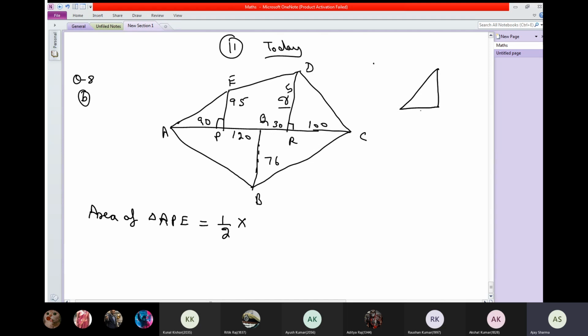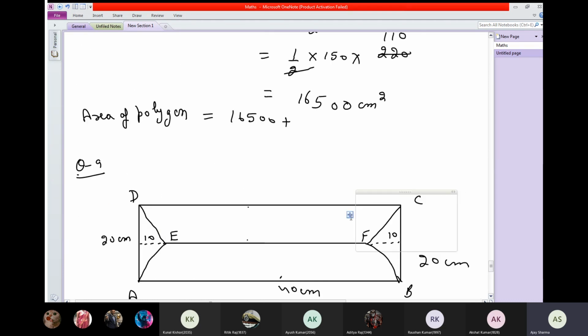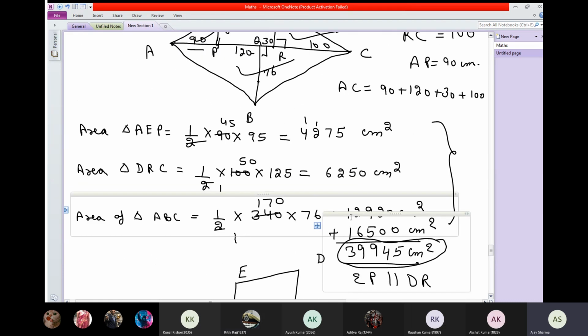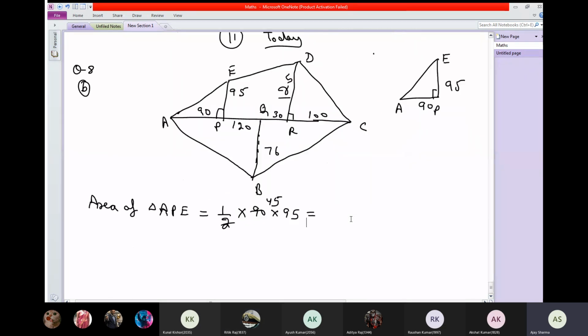On the right and left hand side, one side is 90, one side is 95, and it is a right angle. One is your base, base is 90, and height is 95. Multiply it and solve it. What do you find as the answer? 95 multiplied by 45 is 4275. And never forget writing the unit. Centimeter square.